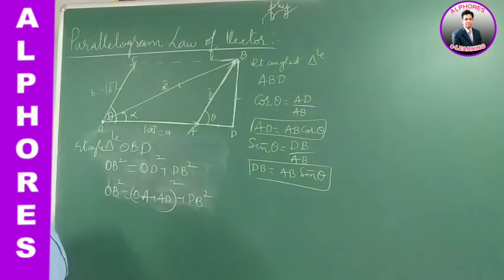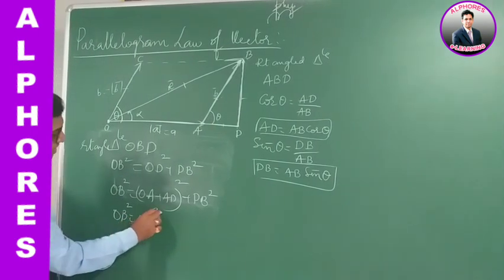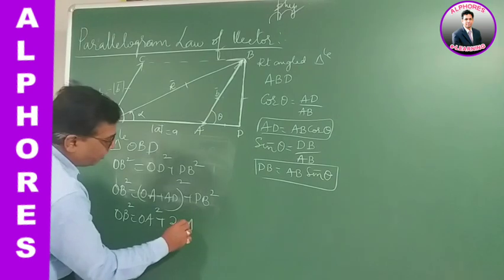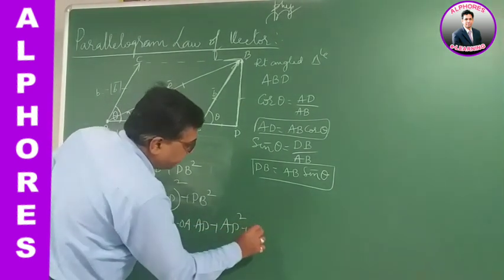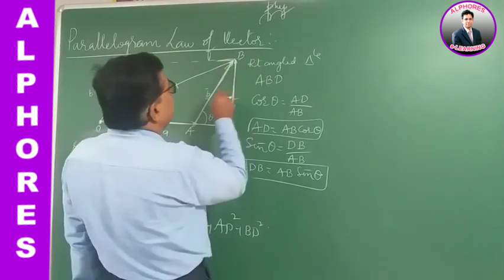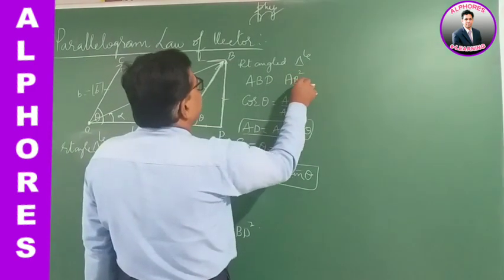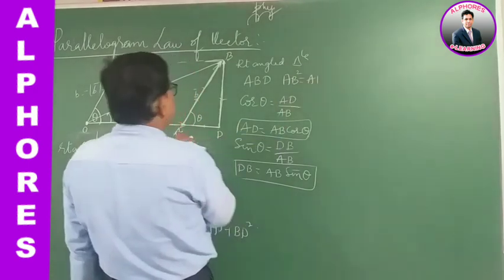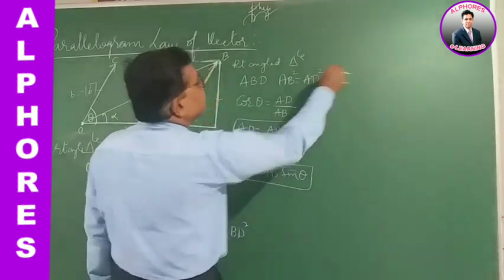Expanding this, I get OB square as OA square plus 2 OA AD plus AD square plus BD square. Now in the right angled triangle ABD, applying Pythagoras theorem, AB square is AD square plus DB square.